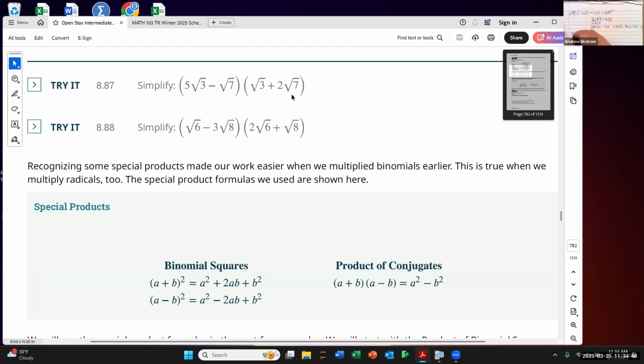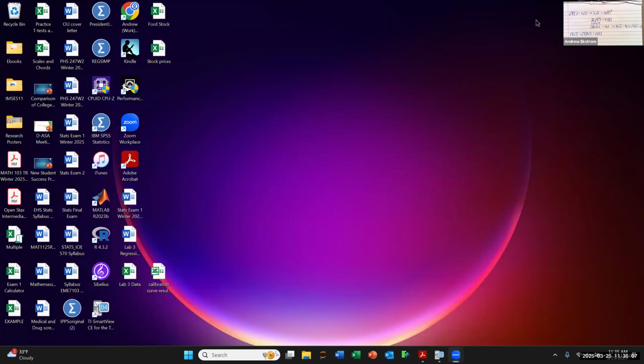So I've got 5 times the square root of 3 minus the square root of 7, and then the square root of 3 plus 2 times the square root of 7. Hopefully everyone remembers FOIL.